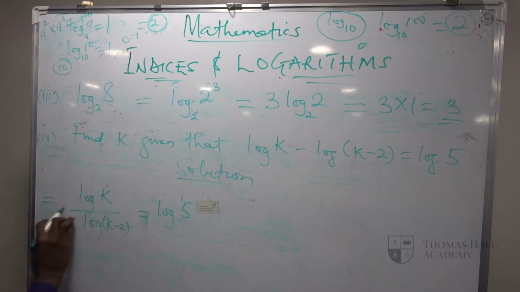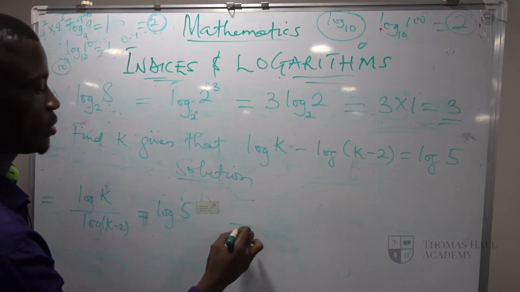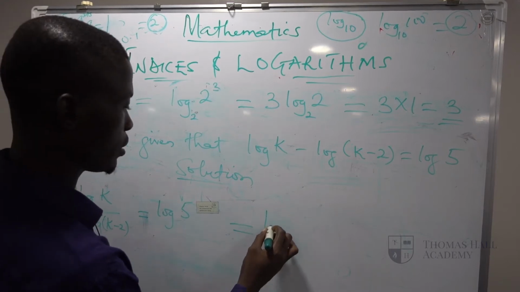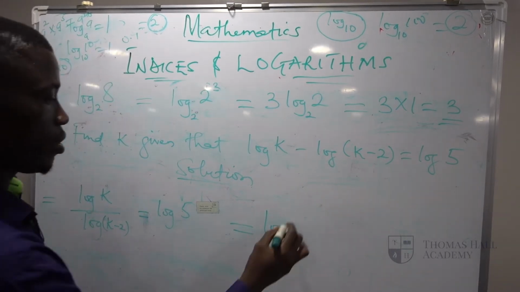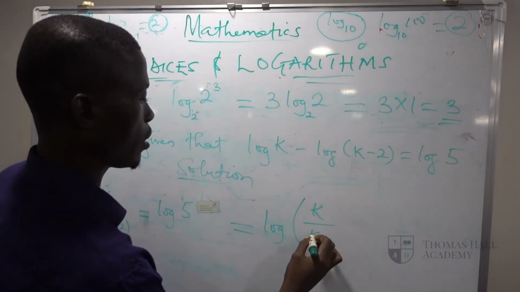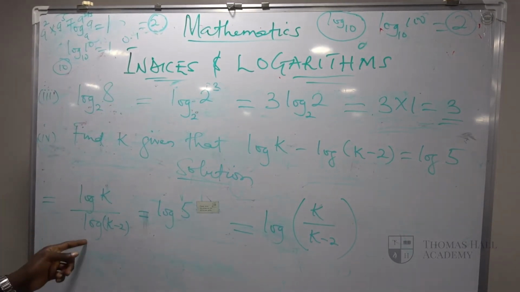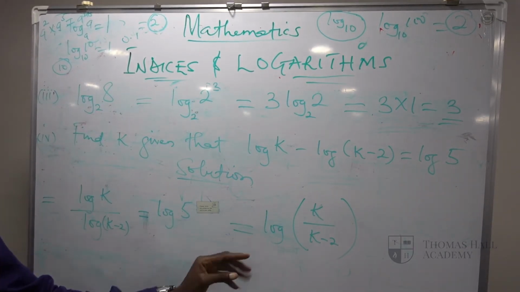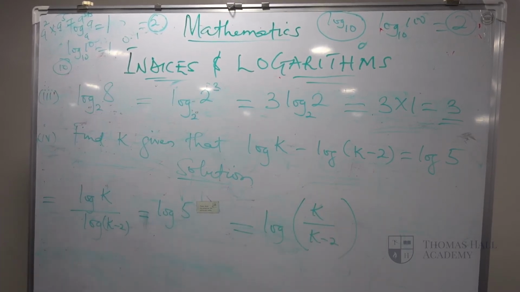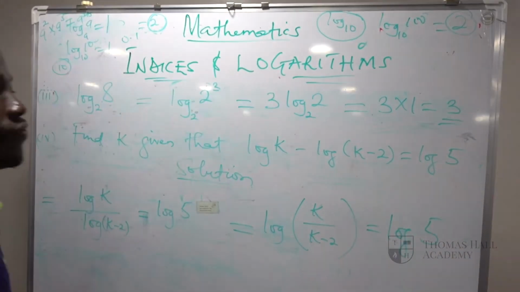On the other side, log 5. The two of them are logs. Let's factorize. This logarithm is common to the two of them, so we have it outside. Log, open bracket, k all over k minus 2, equals log 5.